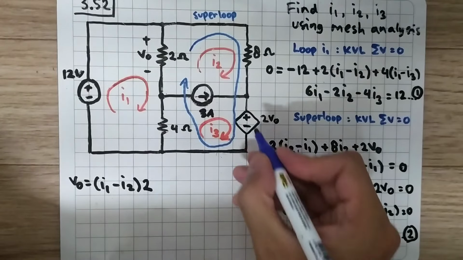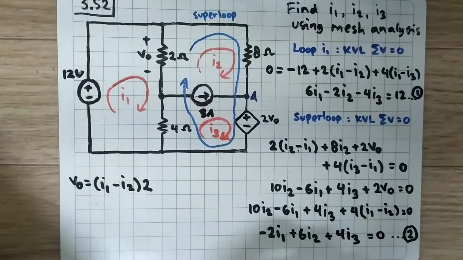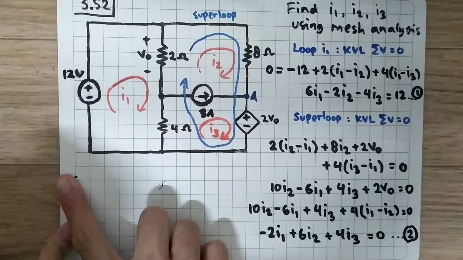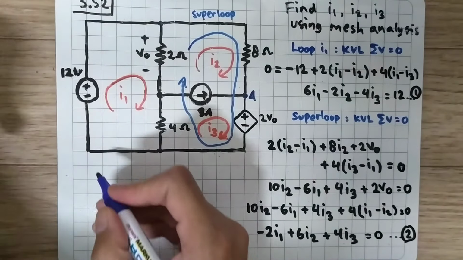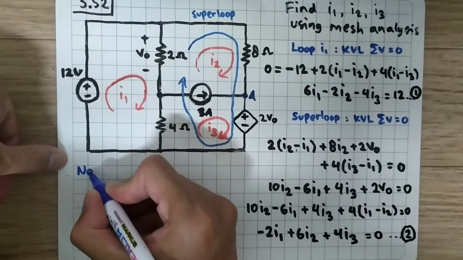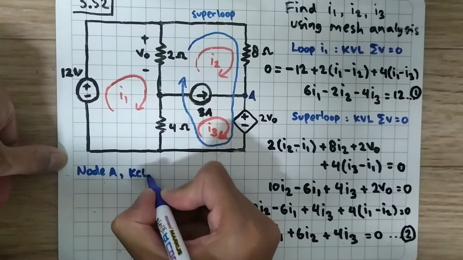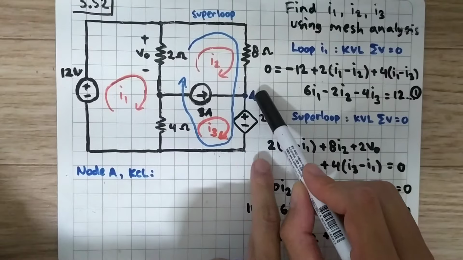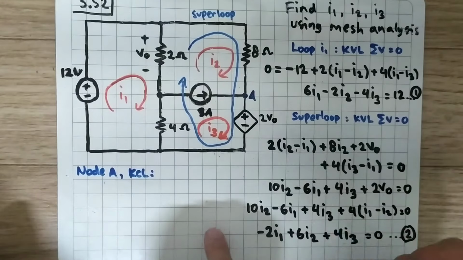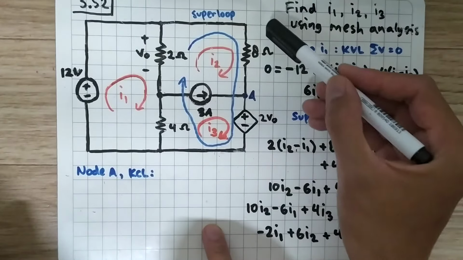If we look at this node, let's say this node as node A. We can apply KCL at node A. Here, the current that goes in node A is equal to the current that goes out. The current that goes in is this 3 ampere and this I2 here.